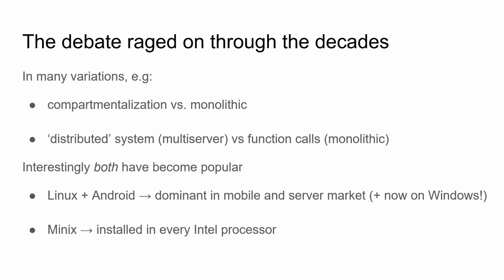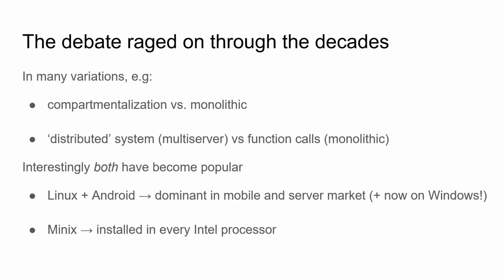And the other side would argue that if you have a multi-server microkernel design, such as the one that Andy Tanenbaum advocated, what you have is kind of a distributed system, and everybody knows how difficult it is to get a distributed system correct. On the other hand, if you have a monolithic system such as Linux, everything is simpler because it's now just function calls. Everything is just a function call away.